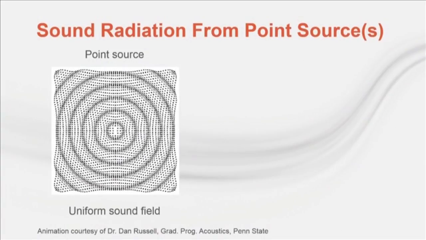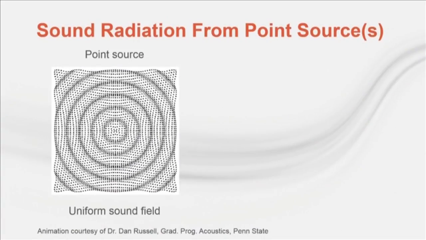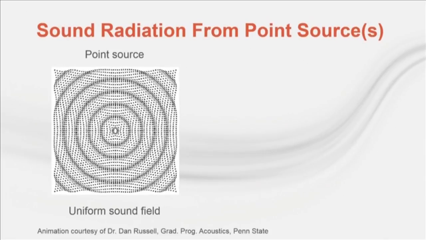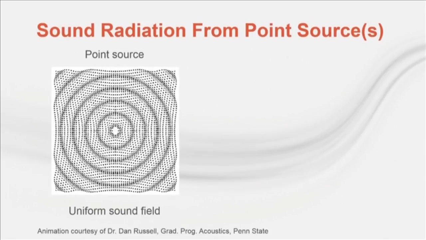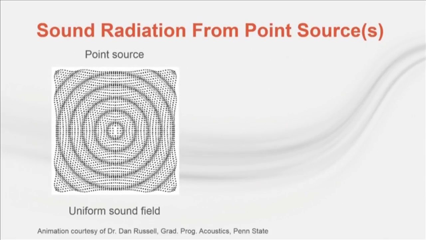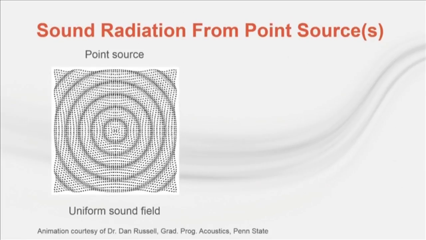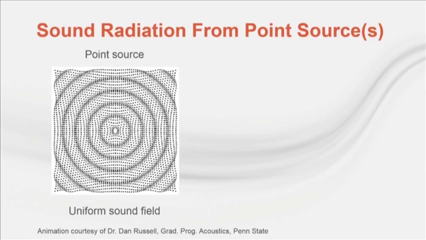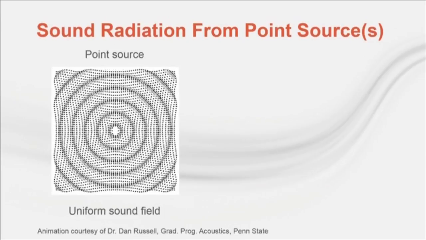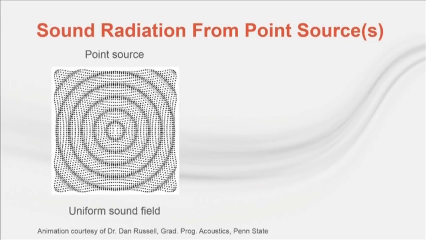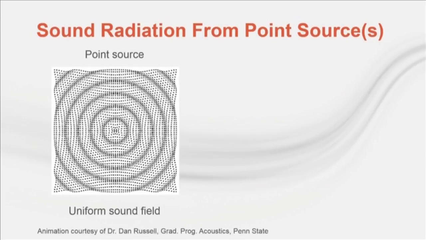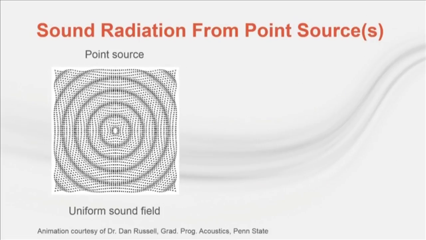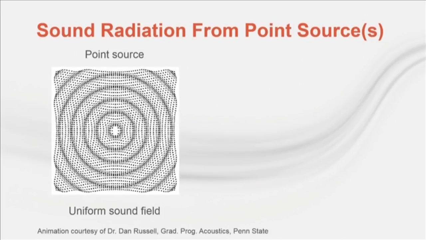When sound radiates from a point, it expands directly away from the point. The sound energy is spread evenly over the surface of a sphere. So at a given distance from the point, regardless of the direction, the measured sound will be the same. This creates a uniform sound field and makes it simple to model how the magnitude of the sound changes as it moves away from the point.